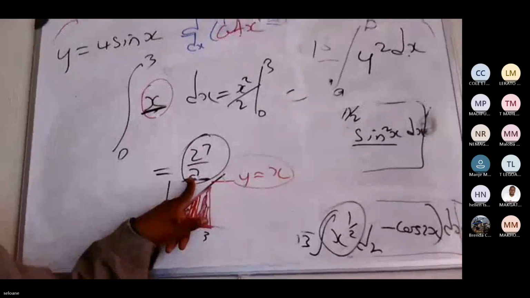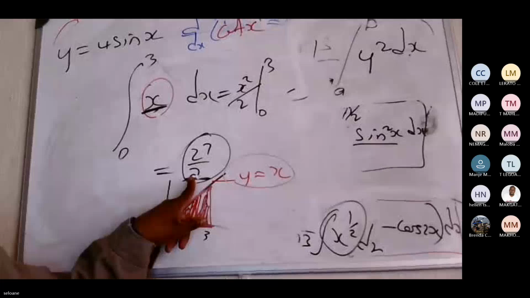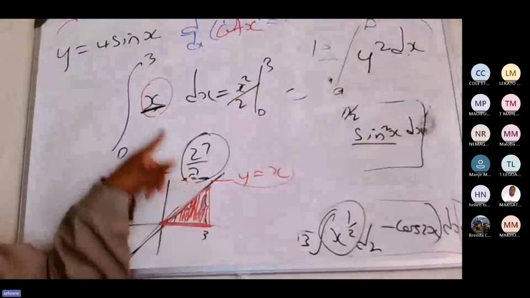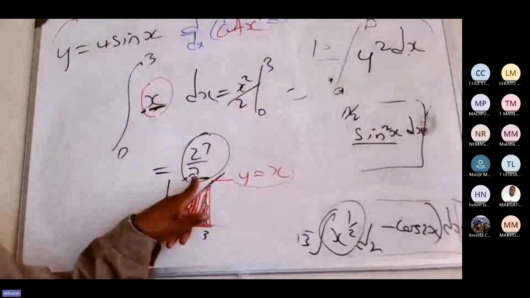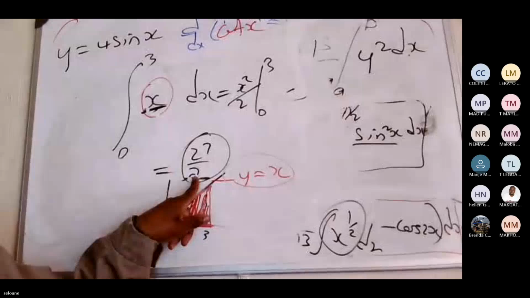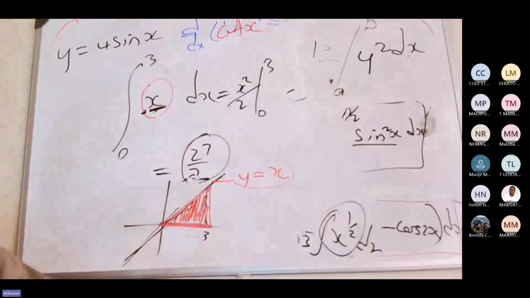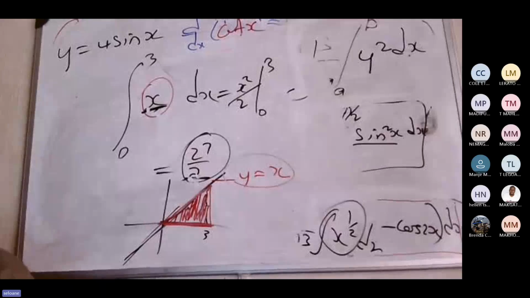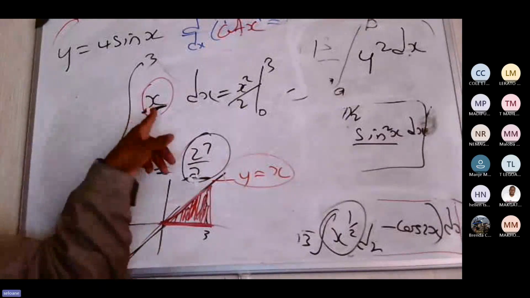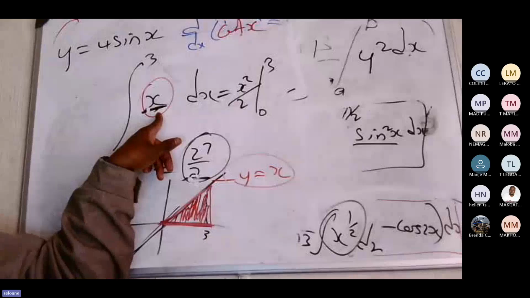That is next week's topic. But the answer is not going to be exact. It will be the approximation. We are now going to approximate the area of a function which is not integrable.